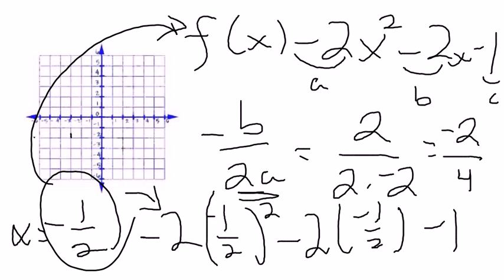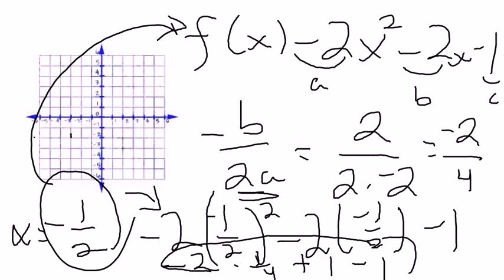But then you have to multiply by negative 2, so it's negative 2 times 1/4. And then minus 2 times negative 1/2, so negative times negative is a positive. Okay, and 2 times 1/2 is 1. And then we have to subtract 1 at the end. So negative 2 times 1/4 plus 1 minus 1.